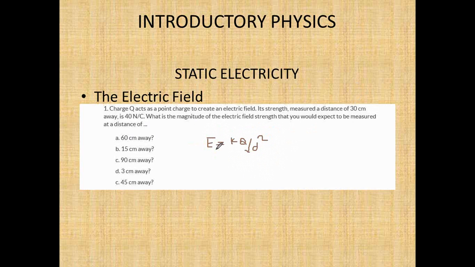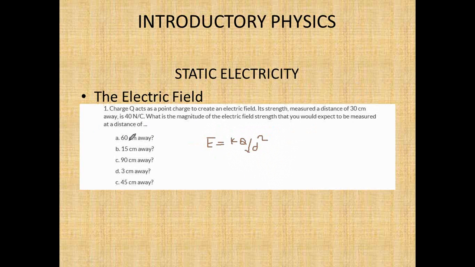What that means is, the further away, the less the electric field strength. The closer towards this source charge, the greater the electric field strength. And the greater the charge on the charged object, the greater the electric field strength.